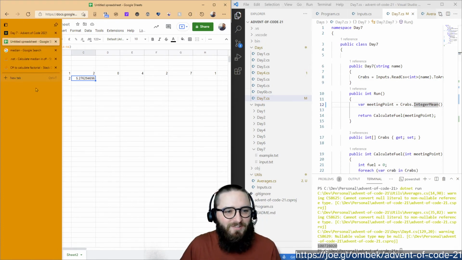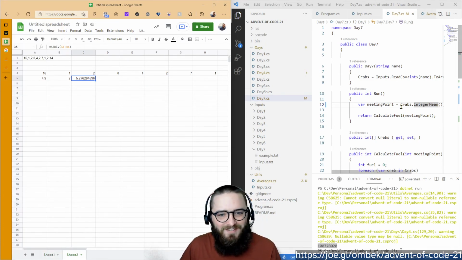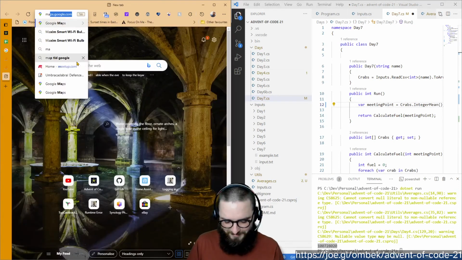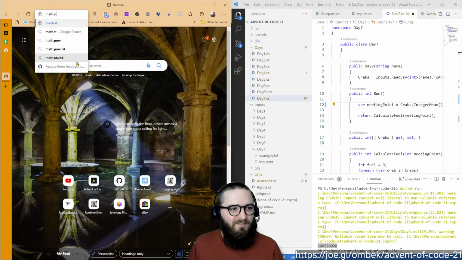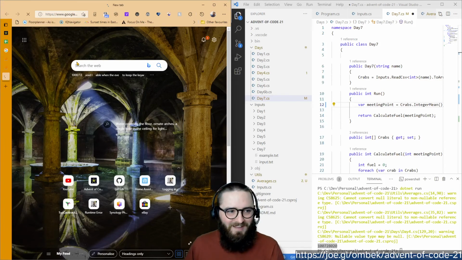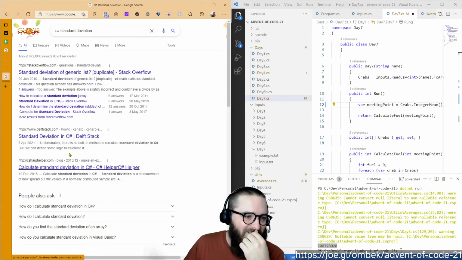Standard deviation is not going to be a method in C#, is it? We know that method doesn't exist.